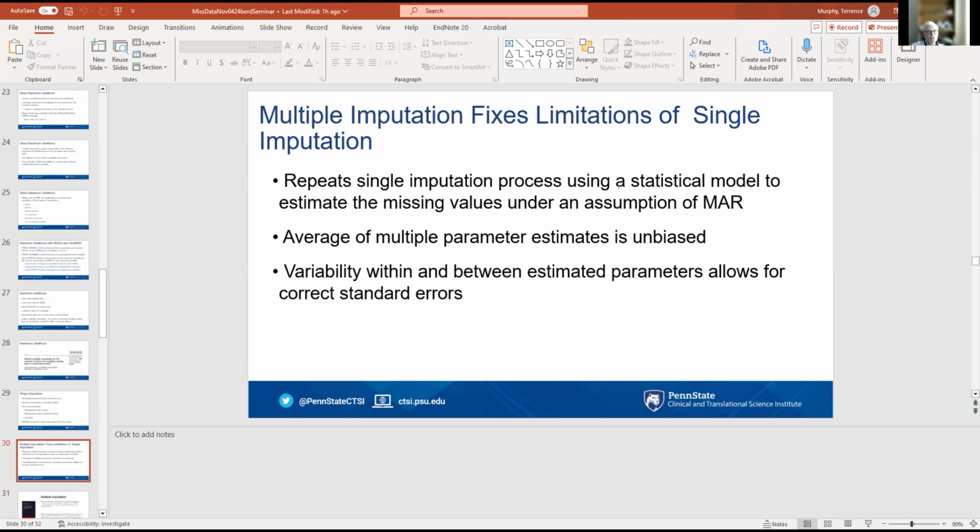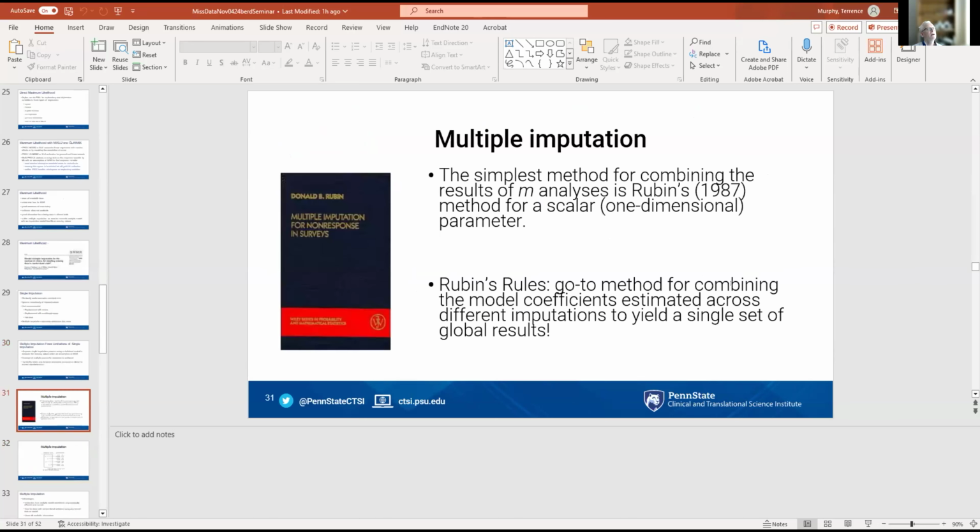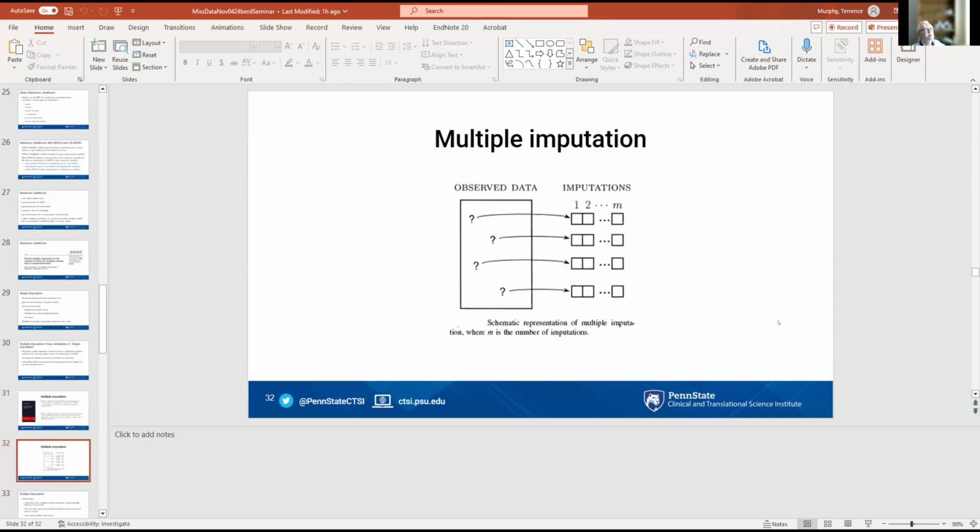And it turns out that you will fit a model to each of these data sets, and you will generate a set of coefficients, and then you will have to combine them. This was also introduced by Don Rubin in this classic textbook in 1987 called Multiple Imputation for Non-Response in Surveys. And again, it's a foundational text.